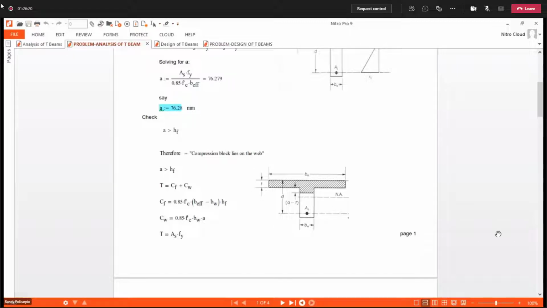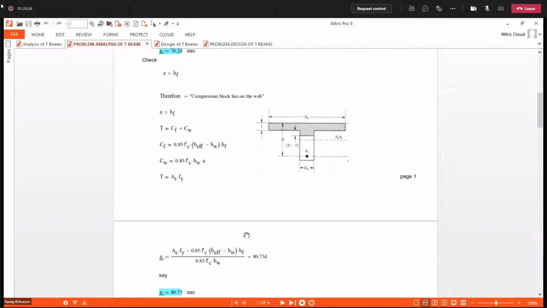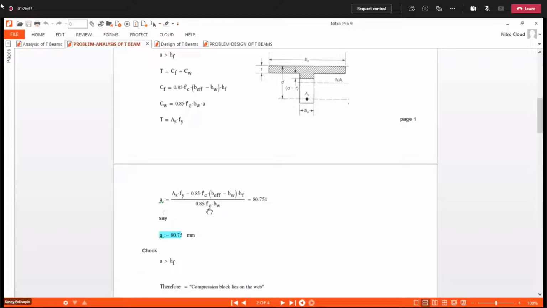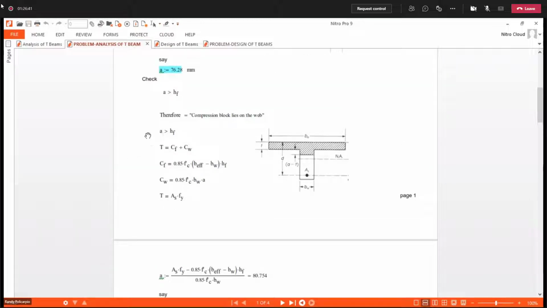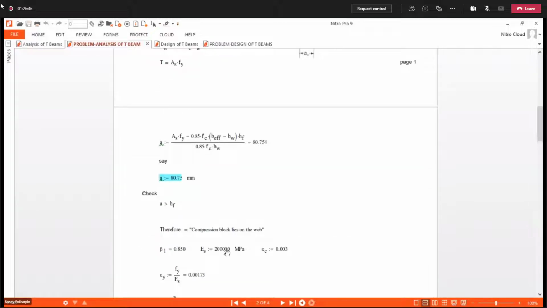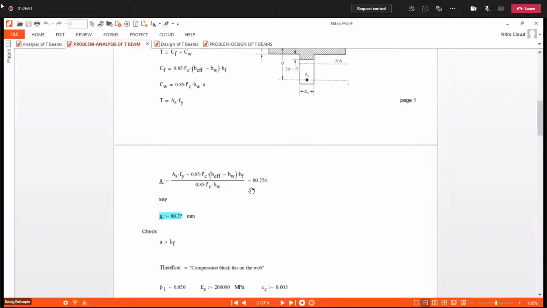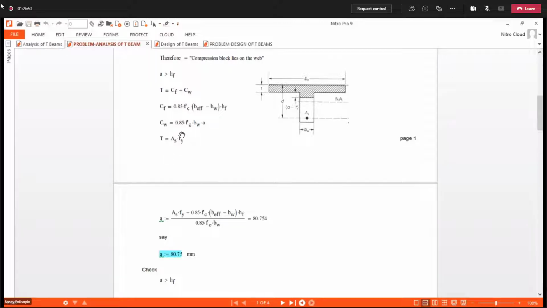So ito ngayon yung ating pangalawang case. So wherein we need to solve for CF, CW, and T. So ito yung mga equation natin. And solving for A, okay, A now is 80.75. So tama ngayon yung assumption natin that A is greater than HF. So what we need now is to confirm if our tension reinforcement yields.